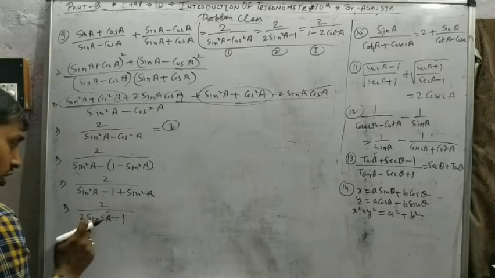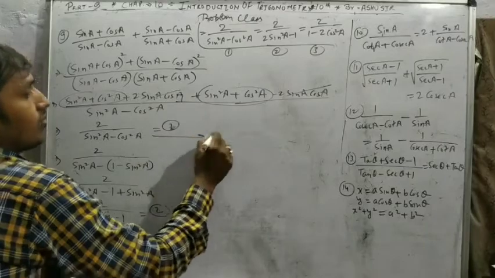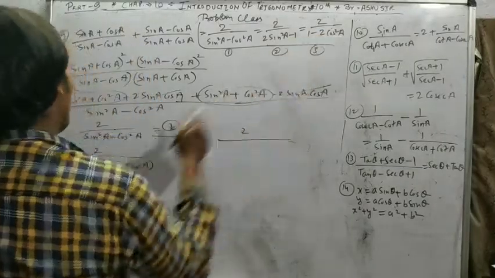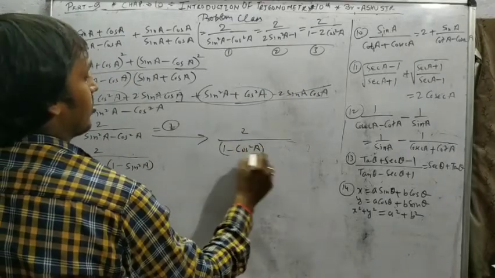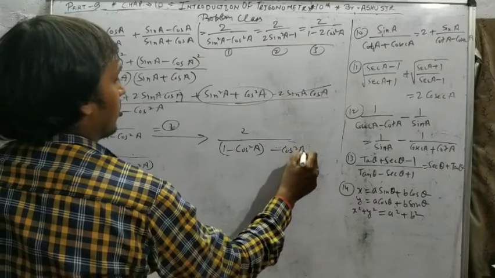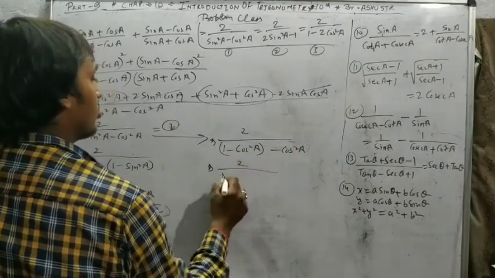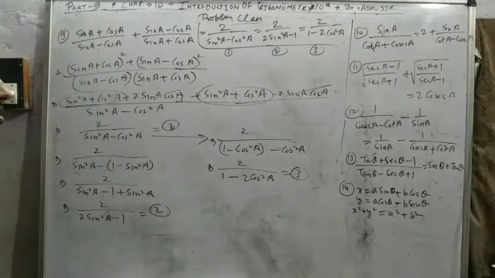That's the second part. From the same, if we want cos, change sin. Minus cos, minus 2 cos square. Third part.